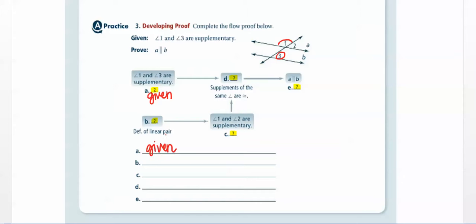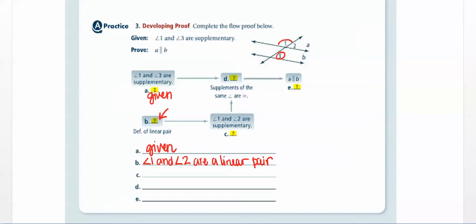Definition of a linear pair basically means you can look at a picture and you can find a linear pair. And there's only one linear pair here, and that's angle 1 and angle 2. So the statement here is angle 1 and angle 2 are a linear pair. So that goes there, B.